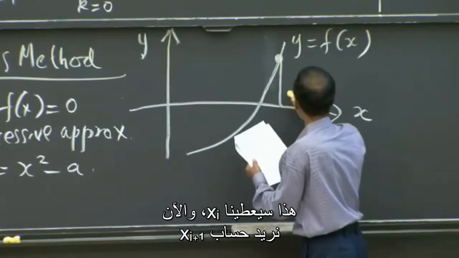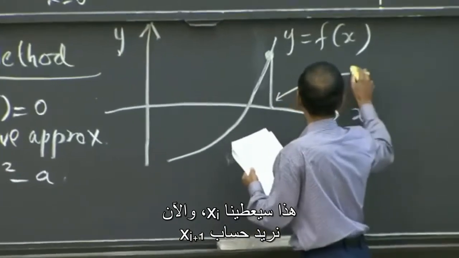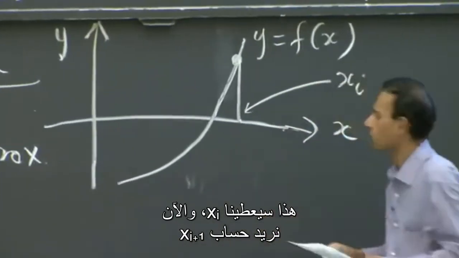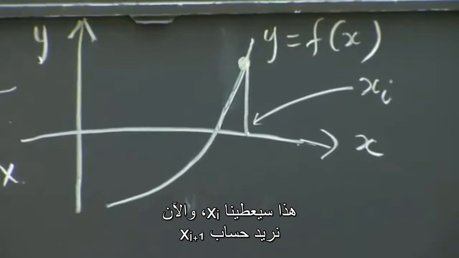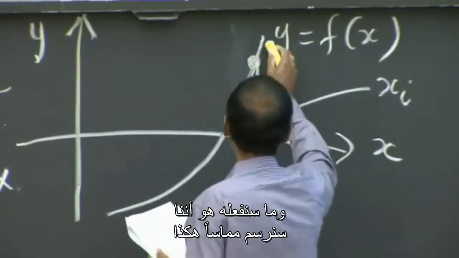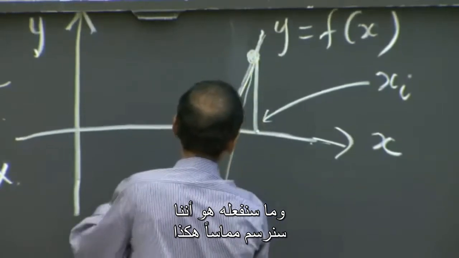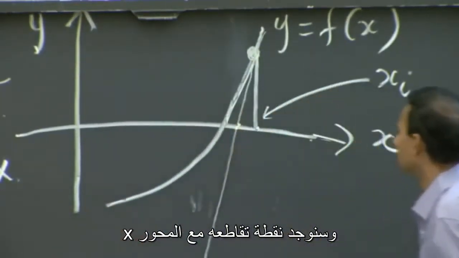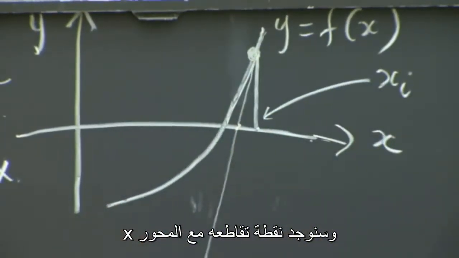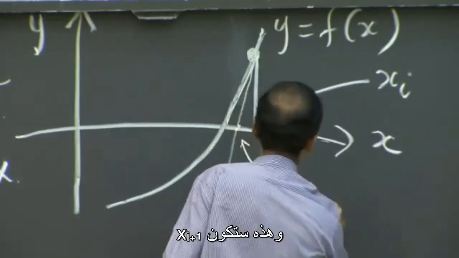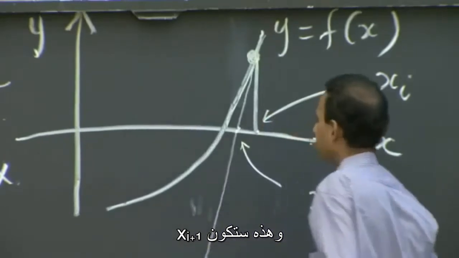So this would give you x of i, and now you want to compute x of i plus 1, and what you're going to do is draw a tangent like so, and find the intercept onto the x-axis, the x-intercept, and that is going to be your x of i plus 1.